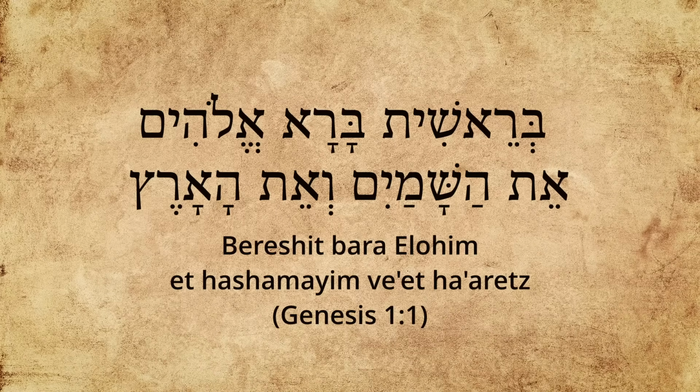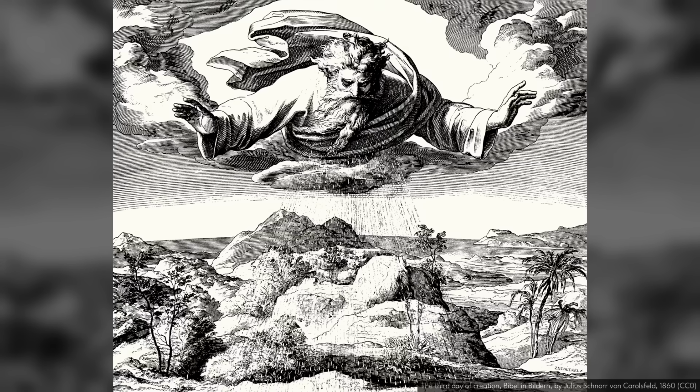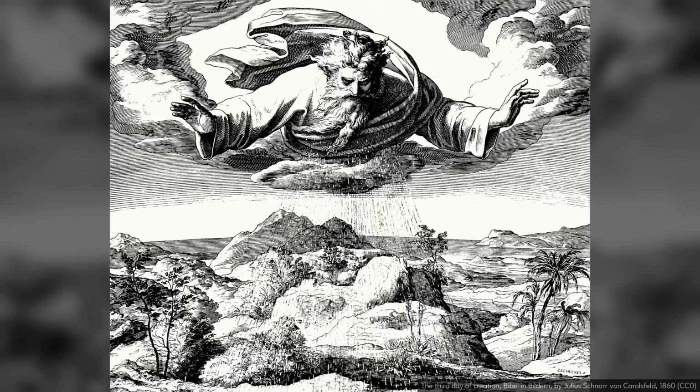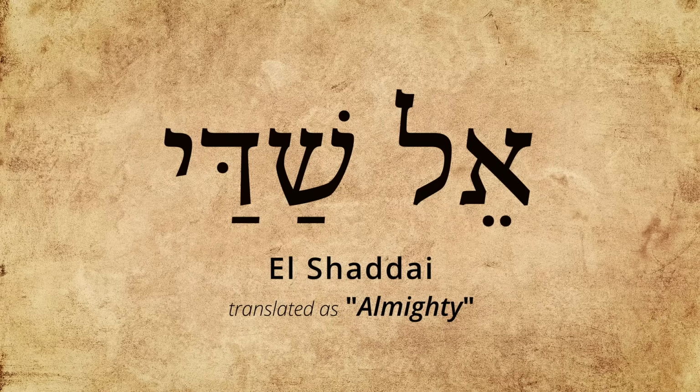Like the verb bara, which is present in the first verse of the Bible, in Genesis, Bereshit bara Elohim Hashamayim v'Haaretz. So the term Shaddai doesn't mean Almighty, but it means Lord of the mountains, Lord of the steppe. But in the Bible, you always find the translation Almighty. But they know it is not Almighty.